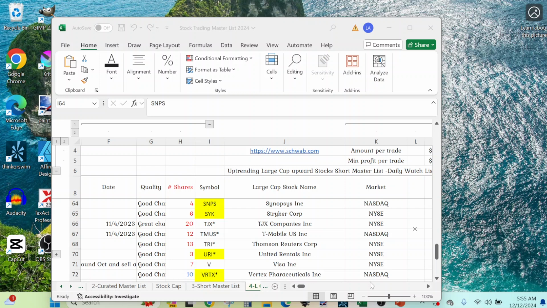URY, we bought it and it pulled, and we are thinking if it reaches that line and starts going up from there, we will buy. But it came close. We still have red. I'm not buying it.